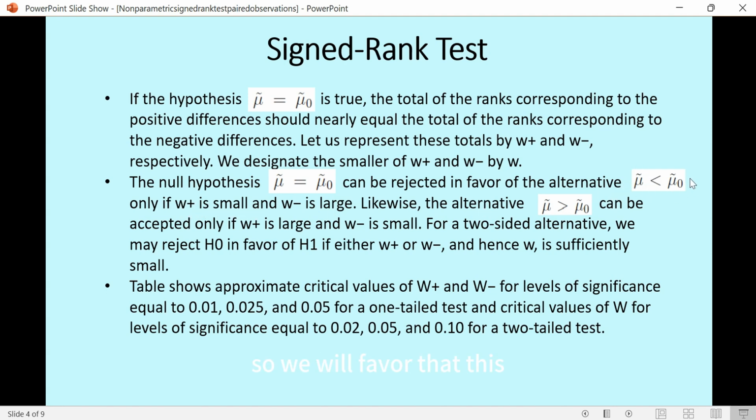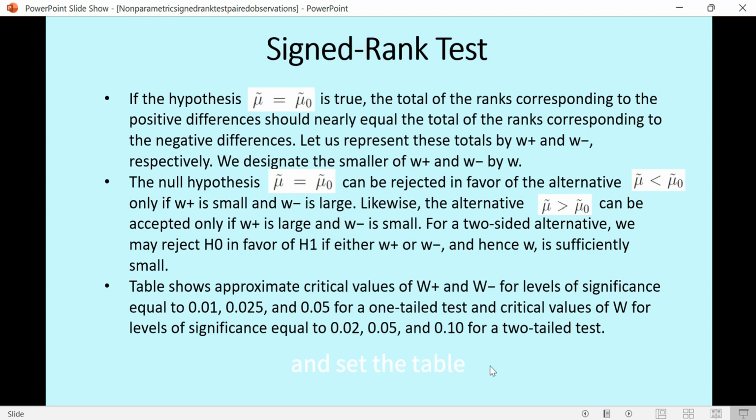Then we favor the alternative that the real median is less than this specified value. On the other hand, we favor the alternative that the real population median is larger than this specified value if the negative side of the rank sum is too small.